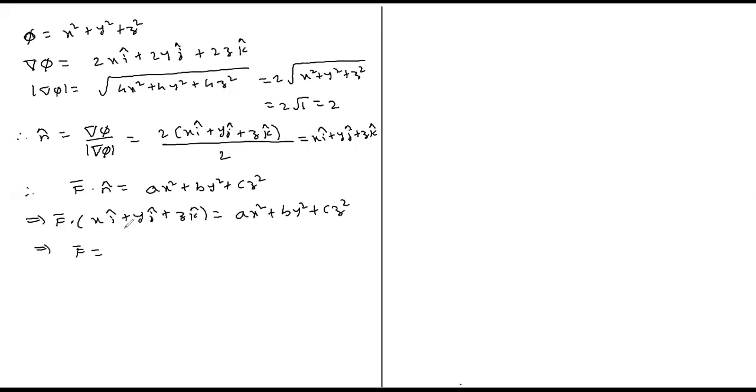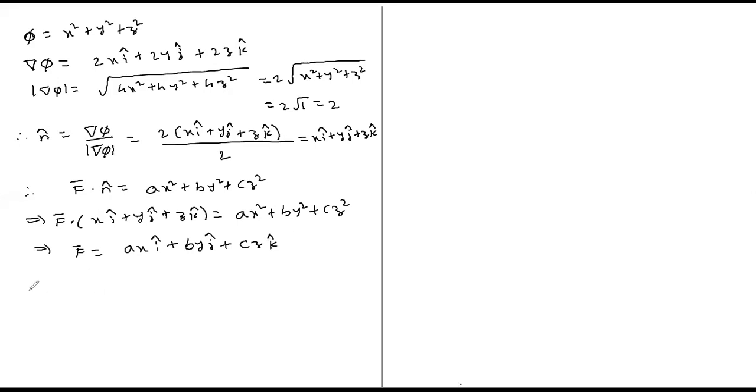So what could be the first component of f bar? axi bar, plus what could be the second component of f bar? byj bar, plus czk bar. Now we are able to guess f bar.